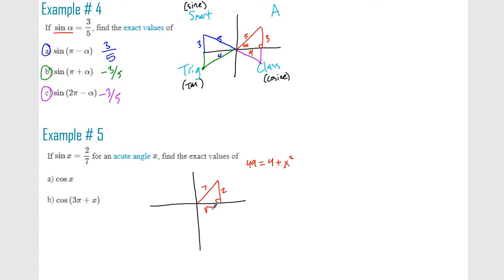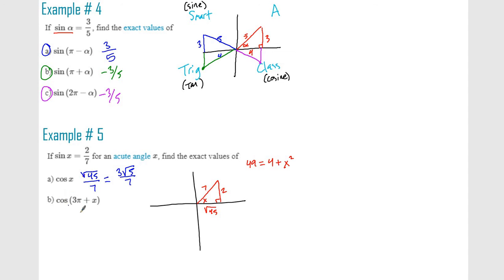So this is the square root of 45. And this is our x, our angle. Okay, so we want to find cosine of that angle. So cosine is adjacent over hypotenuse. So cosine would just end up being the square root of 45 over 7. Hopefully you know that square root of 45 simplifies to 3 square roots of 5 over 7.